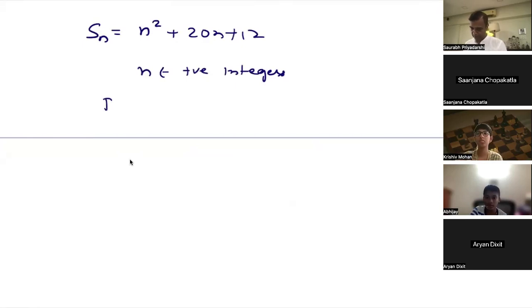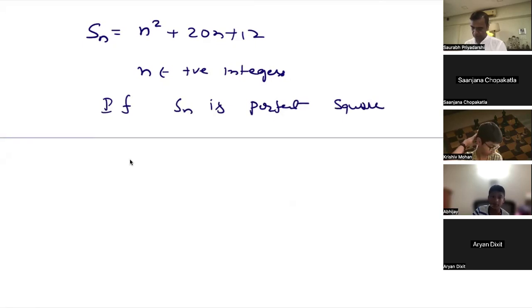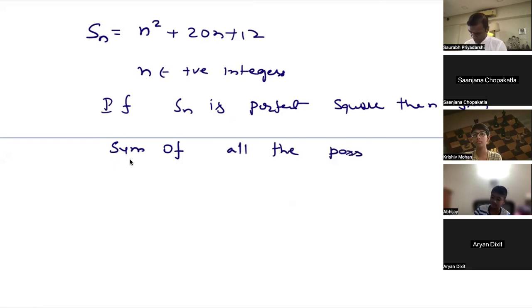If Sn is a perfect square, then find the sum of all the possible values of n.